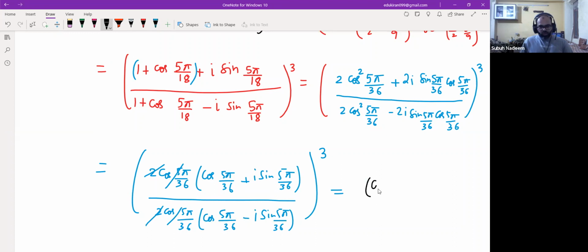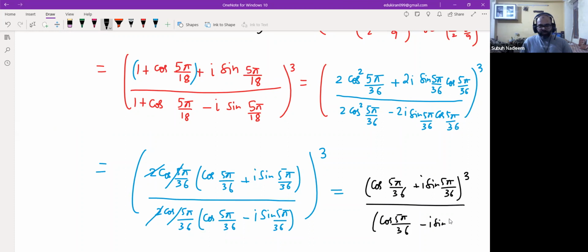This becomes cos 5 pi by 36 plus I sine 5 pi by 36 to the power 3, and this will become cos 5 pi by 36 minus I sine 5 pi by 36 to the power 3.